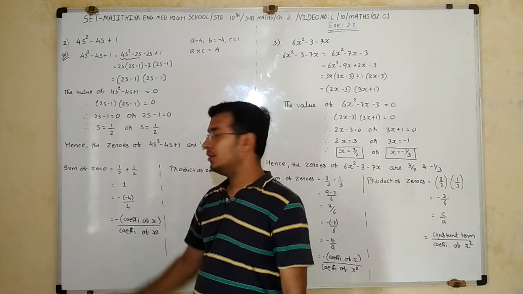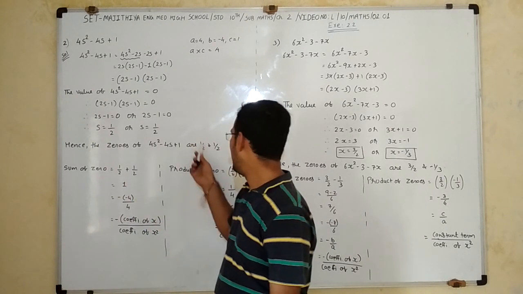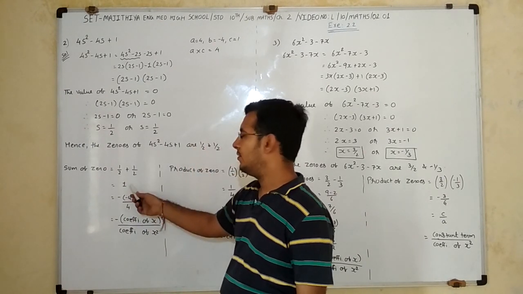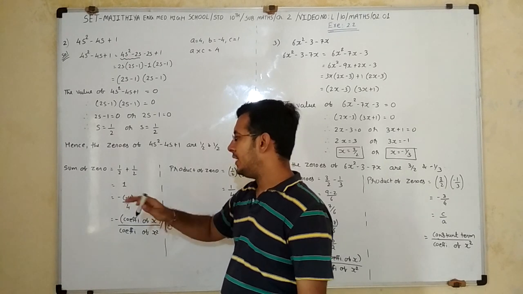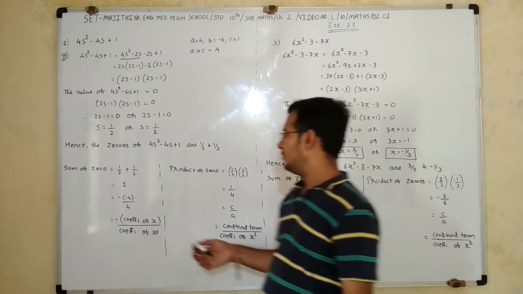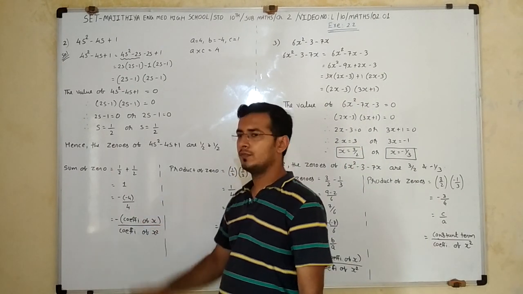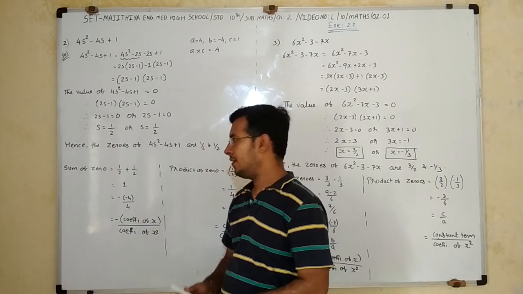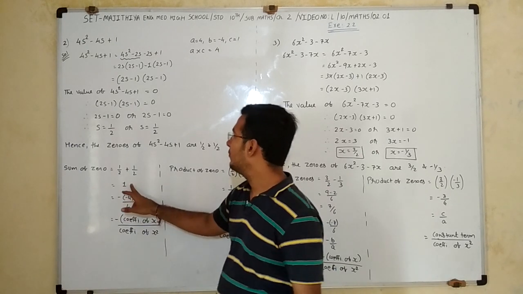Now we have to verify. Sum of zeros is 1/2 + 1/2, which gives 1. Now we know the formula for the sum of zeros is −b/a. So we write 1 here.